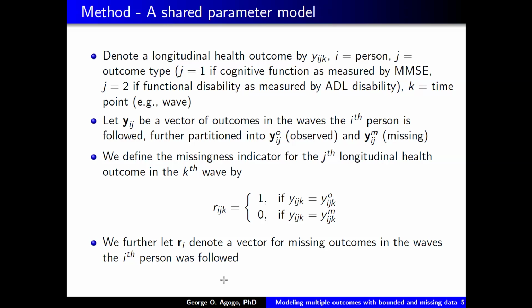If the observation Y_ij was measured or observed, we denote it by 1. Otherwise, if it was missing, it is denoted by 0. So R_ijk is, in short, a series of zeros and ones that indicates whether the outcome was measured or missed.